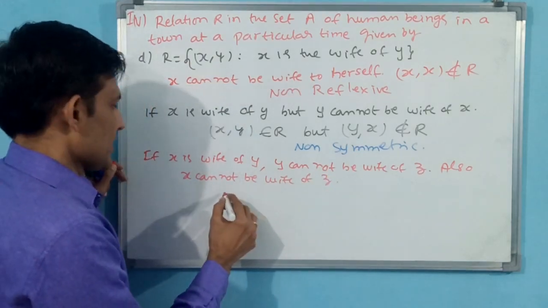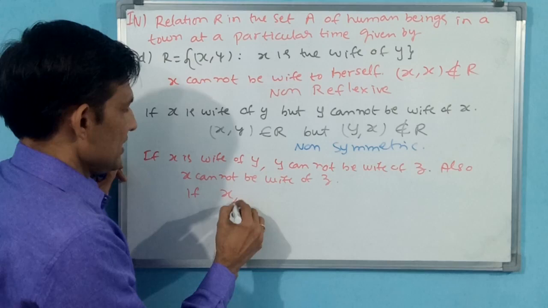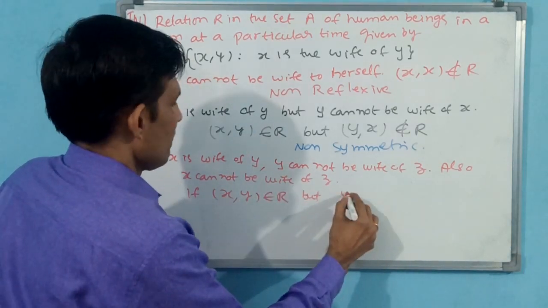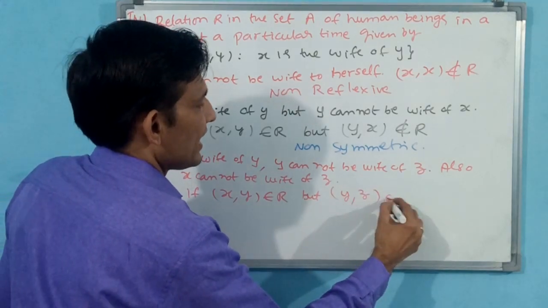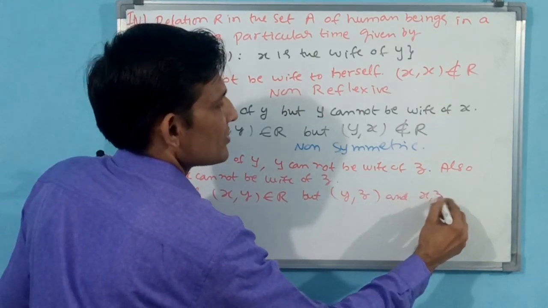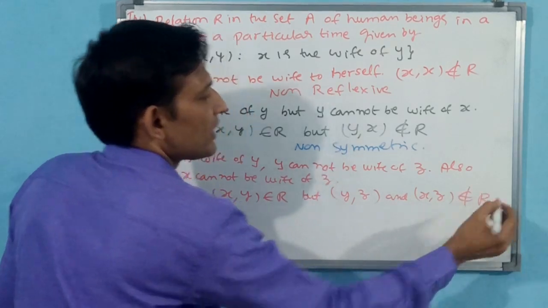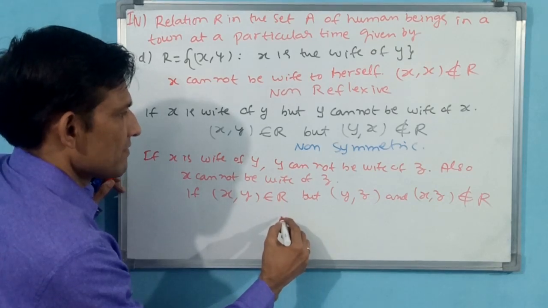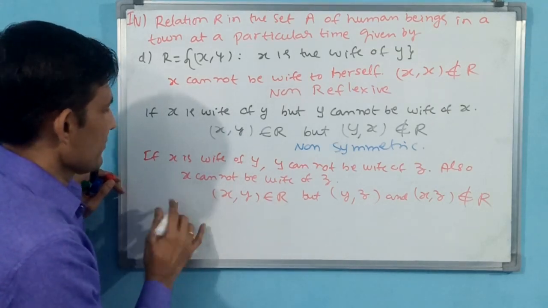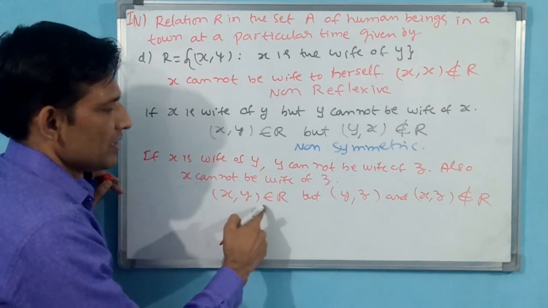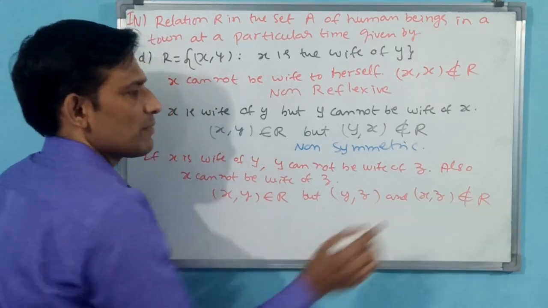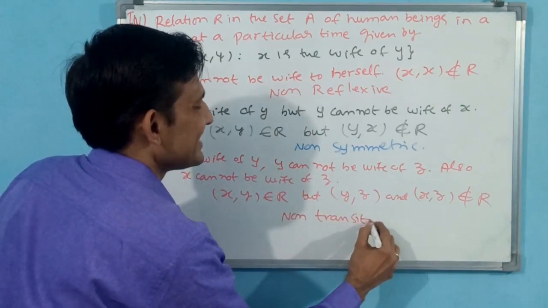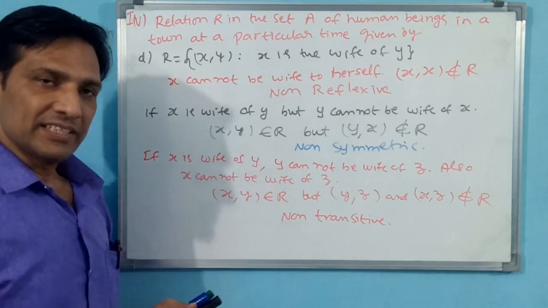Now you write: if (x, y) belongs to R, but (y, z) and (x, z) do not belong to R. That is why non-transitive relation. This is the answer.